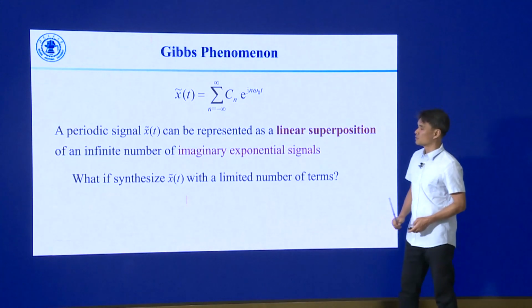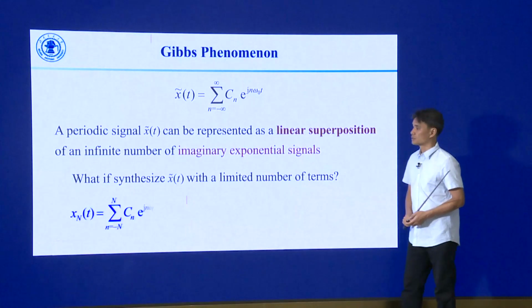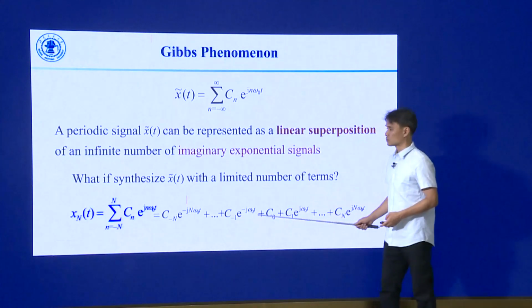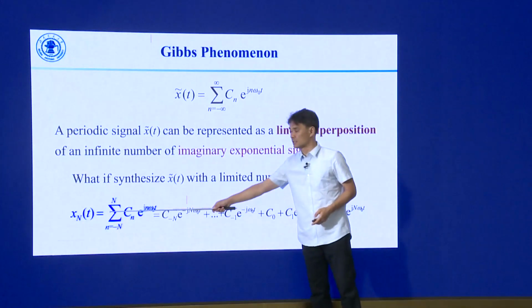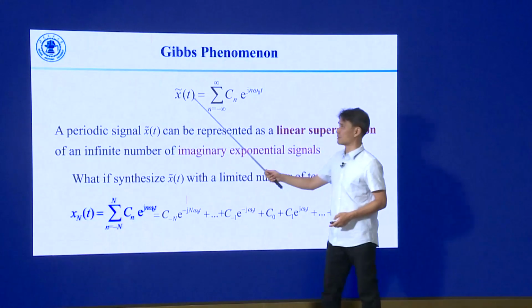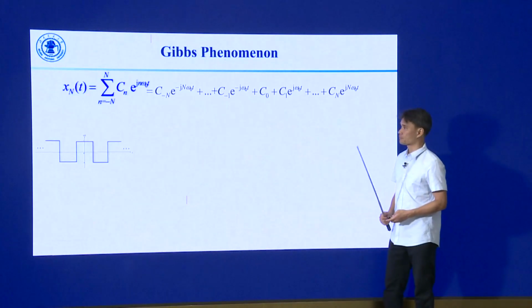But what if we have only a limited number of terms, harmonics, in here? We're going to use this equation to synthesize the original signal, approximate it, and do the comparison to see what's going to happen.